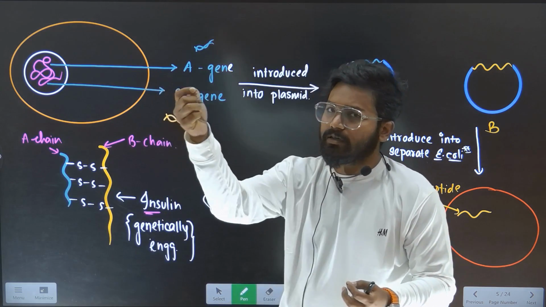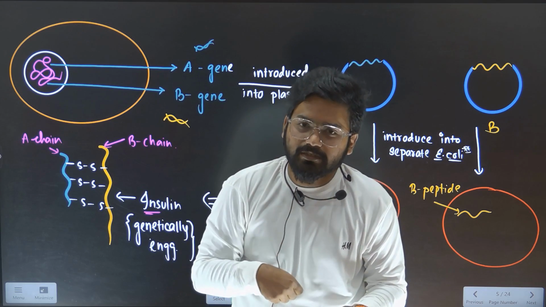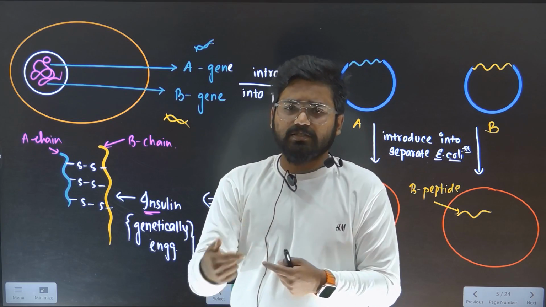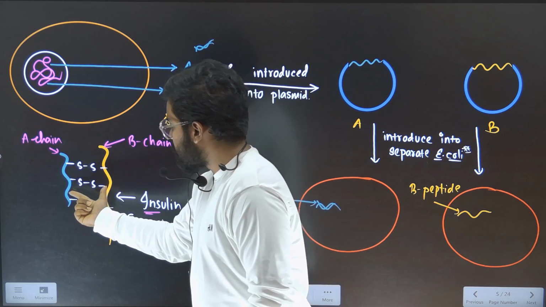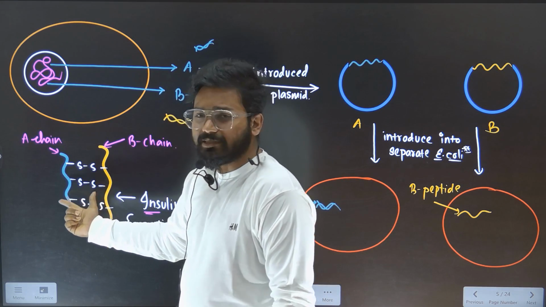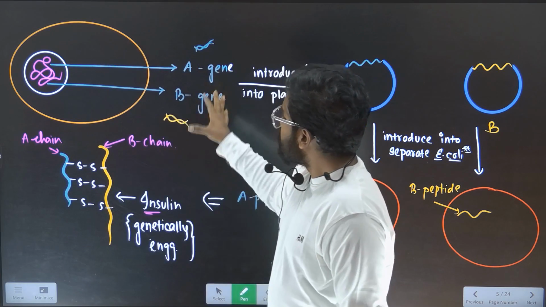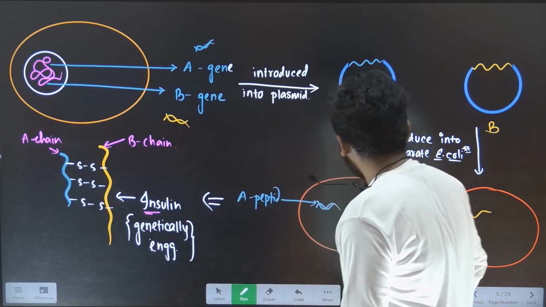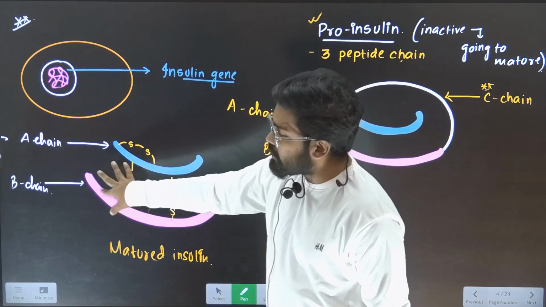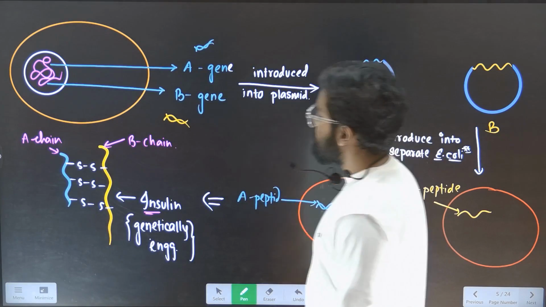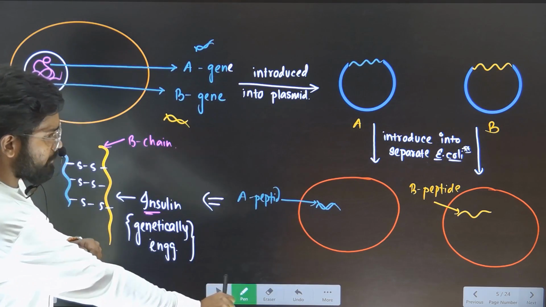See, when we introduce a foreign particle in the body, there will definitely be an inflammatory response. But although this is produced by genetic engineering artificially, outside the body in laboratory conditions, this insulin looks almost identical to the actual insulin that should have been present in the body. So it minimizes the risk of antibody action.